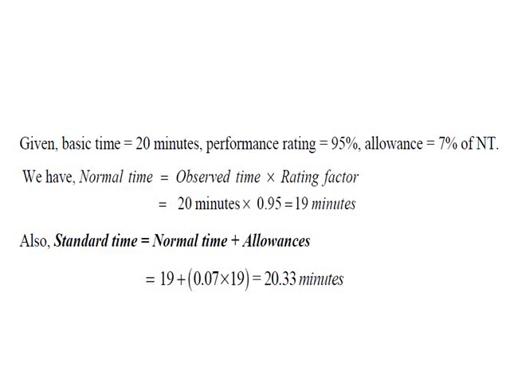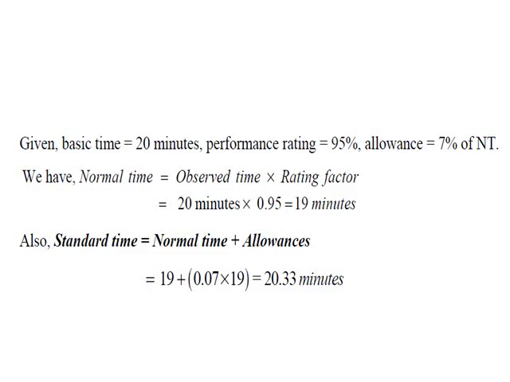So normal time equals observed time into rating factor, that is 20 minutes into 0.95, that is 19. Standard time equals normal time plus allowance, 19 plus 7% of normal time, that is 0.07 into 19. So 19 plus this is equal to 20.33. Same as problem 1, very simple one, right?